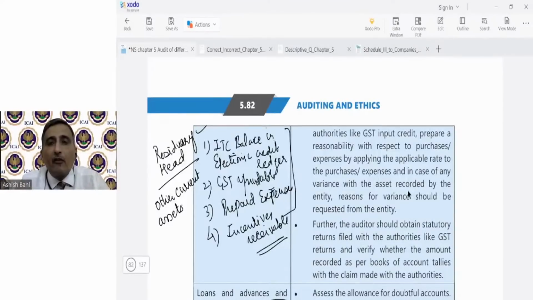Or you can perform certain analytical procedures by looking at the total purchases of the company, at what GST rate these purchases are being made, and what GST rate is applicable on sale of the products being manufactured by the company.